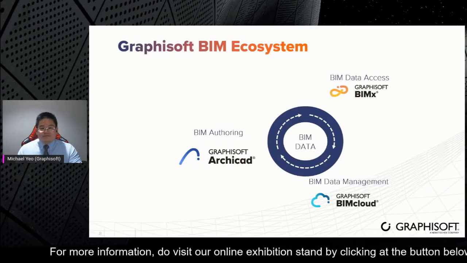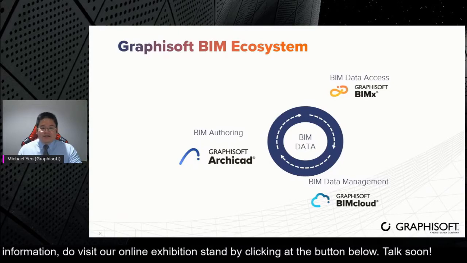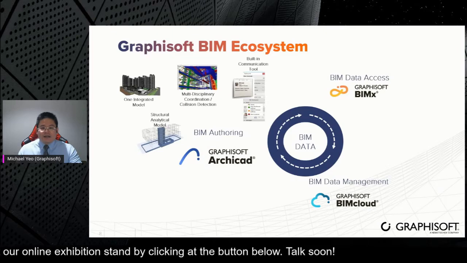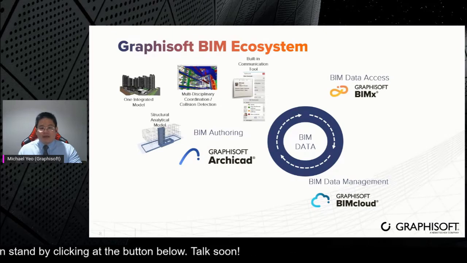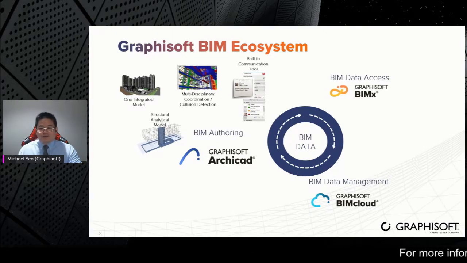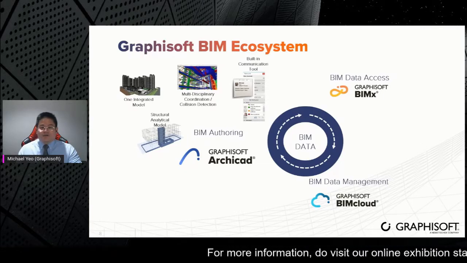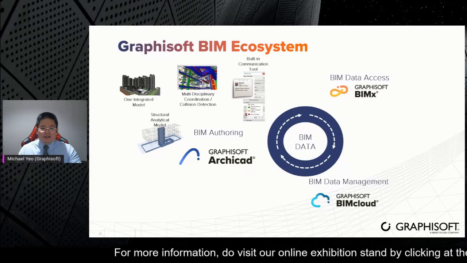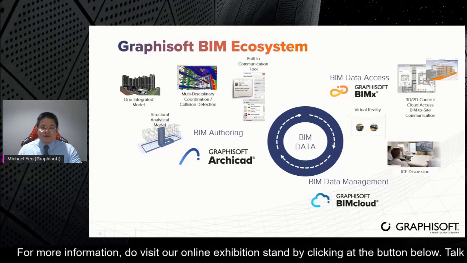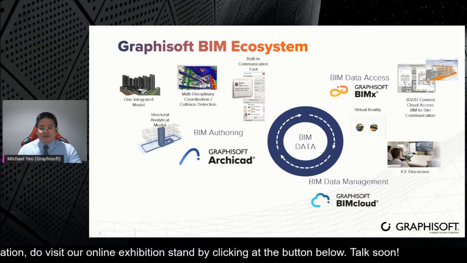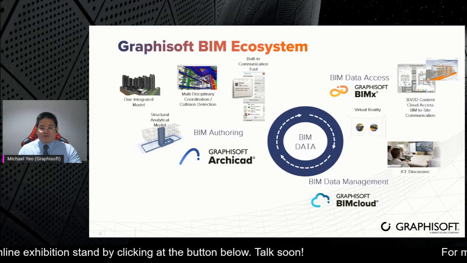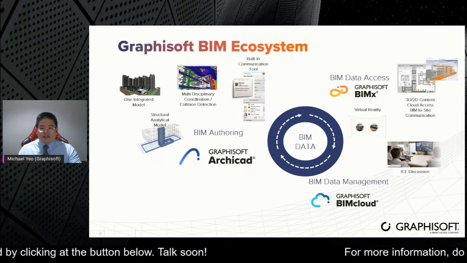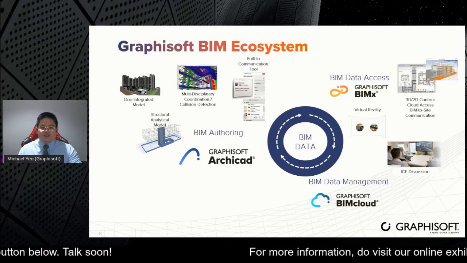The Graphisoft ecosystem comprises three main pillars. Archicad, our main authoring tool, allows you to design under one integrated model and with multidisciplinary support. BIMx, a BIM model access tool to increase productivity and communication efficiency throughout the whole project cycle.